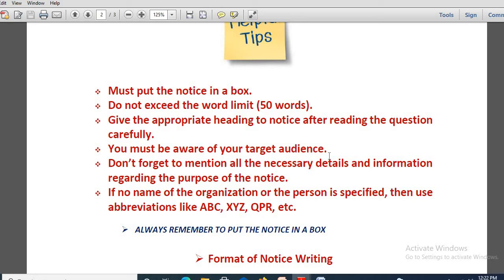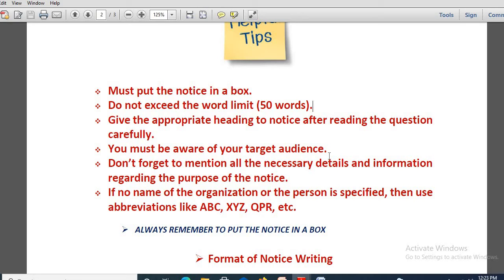You should be well aware of your target audience. Don't forget to mention all the necessary details and information regarding the purpose of the notice. You should not forget it.